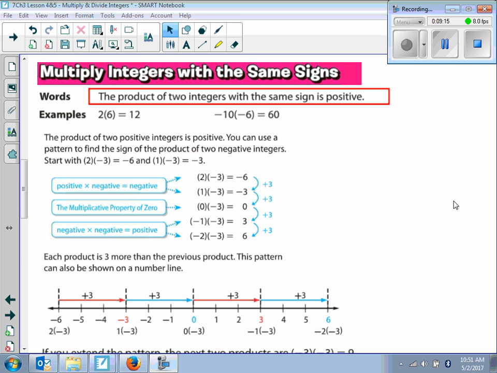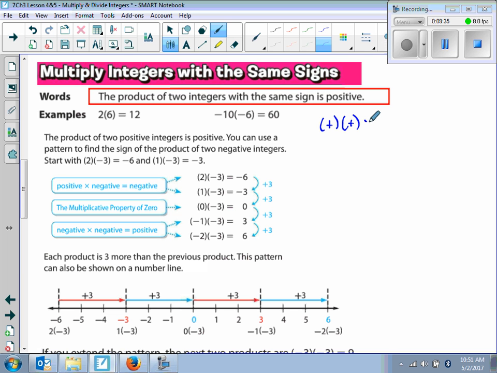So now we're multiplying integers with the same sign. Now here, this is the rule. The product of two integers with the same sign is positive. So this one, the same one that we've been doing since elementary school, we have a positive times a positive. You know that's going to be a positive. Very good.